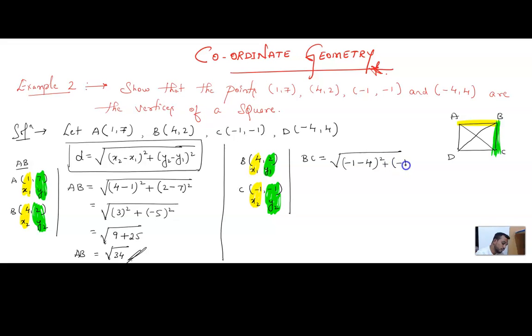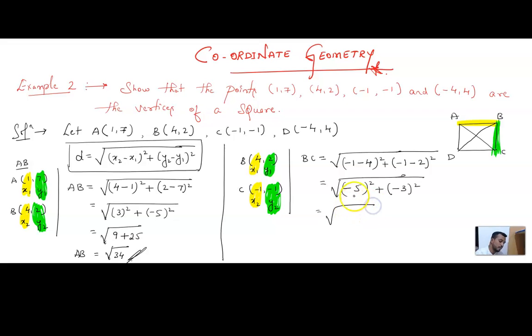y2 is -1 minus y1 is 2 whole square, that is equal to root of minus 1 minus 4. If both are minus, when we are adding, then we should write minus, but we should add 1 plus 4, that is 5, that is minus 5 whole square, plus minus 1 minus 2, that is minus 3 whole square.